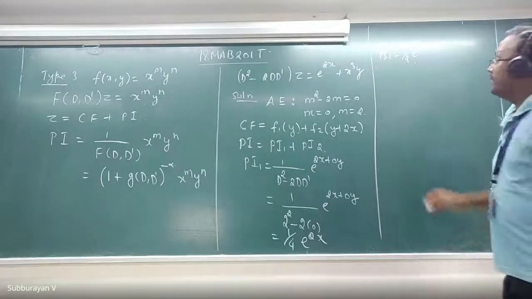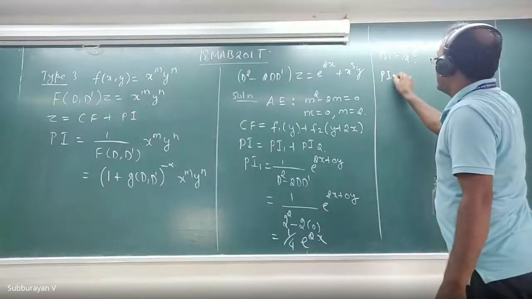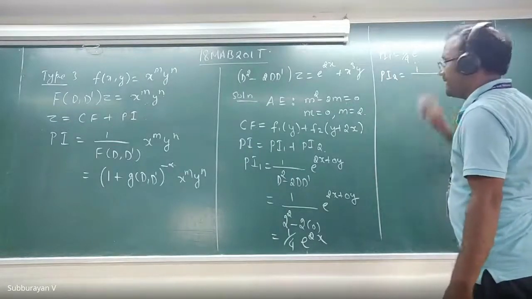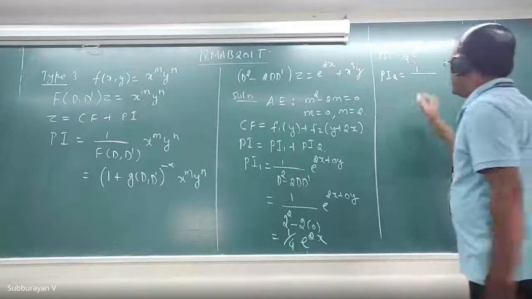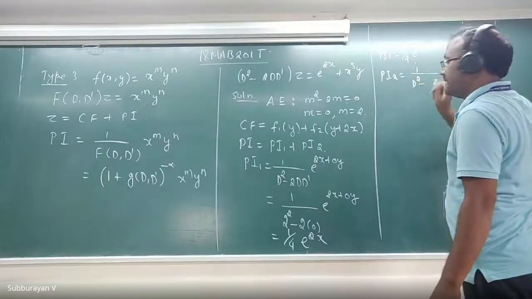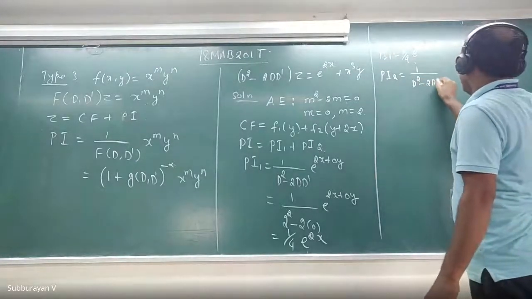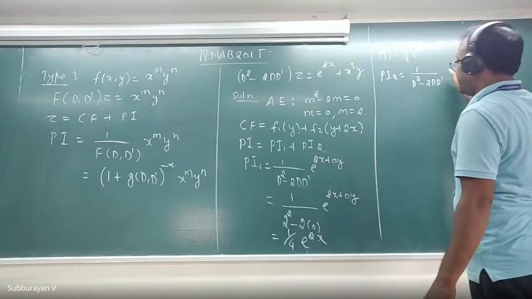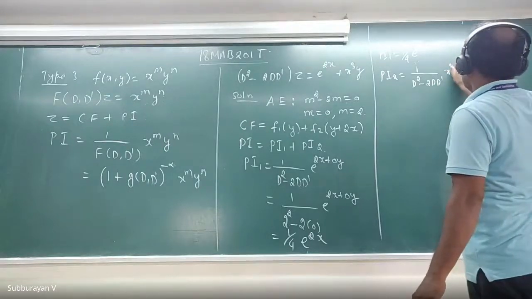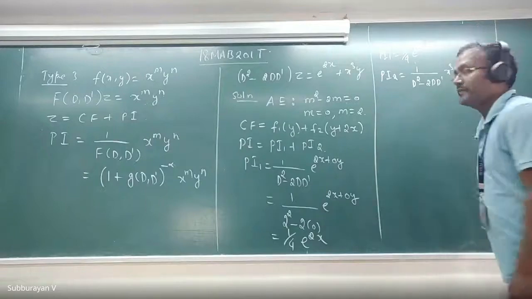Now, PI2. PI2 is 1 divided by d square minus 2 d dash into x cube into y.